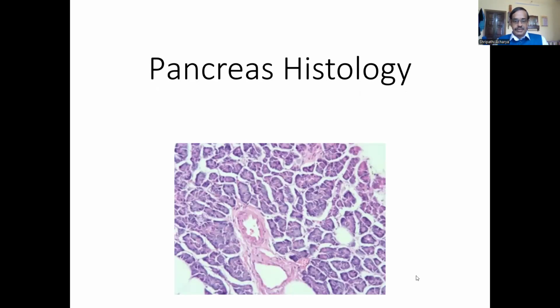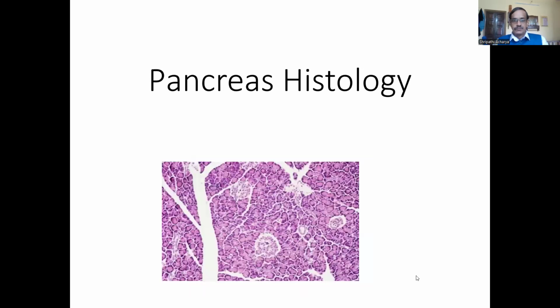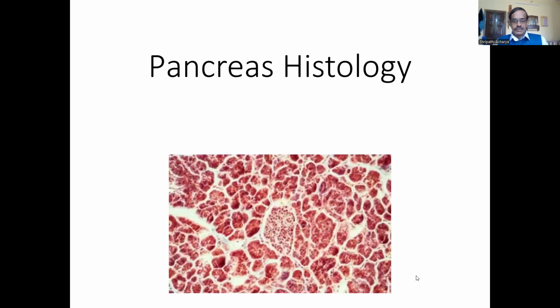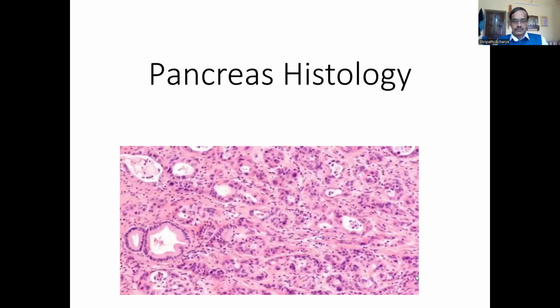Clearly you can see the serous acini, ducts, and fibrous tissue, islets of Langerhans. You can see in the center there is an islet of Langerhans, containing alpha, beta, and other cells.